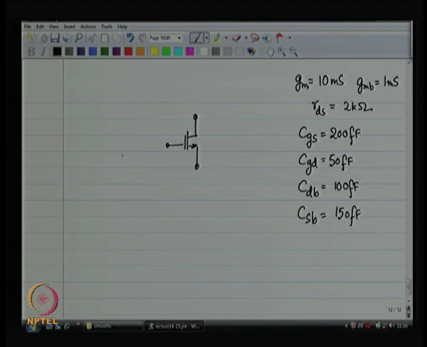All right, and then if you recall the previous lecture, you will see that we started off from this as our design. We wanted RL of 2 kilo ohms and a load capacitance of 1 picofarad.